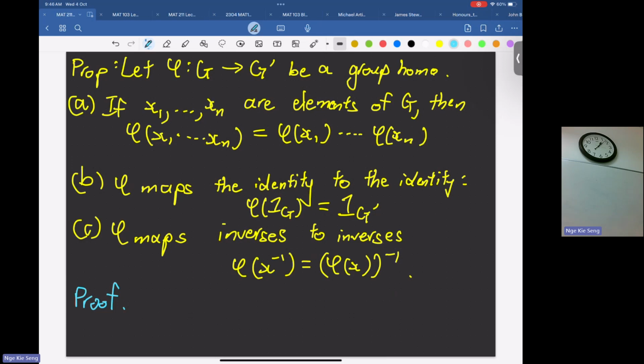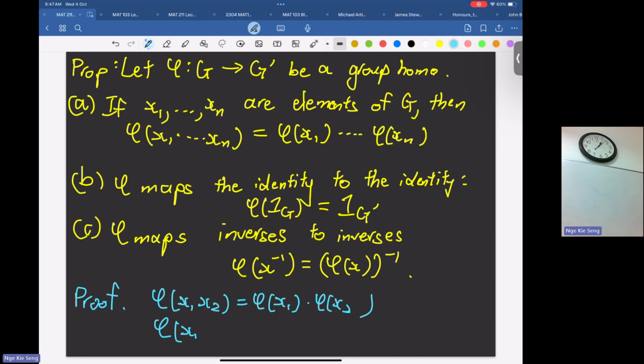How to multiply n elements? It means you use induction. You know how to multiply 2, then how to multiply 3.